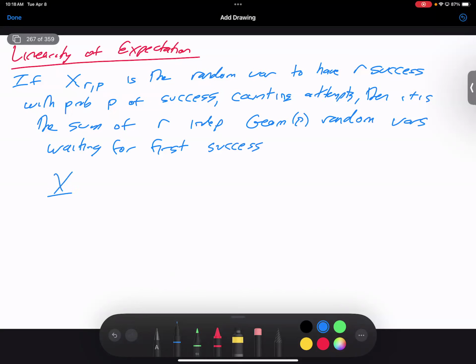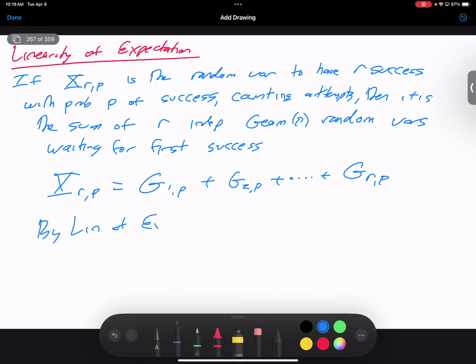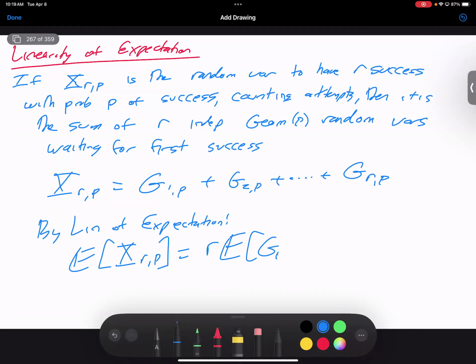So X_RP is geometric 1P plus geometric 2P plus geometric RP. We just have R independent copies. And so by linearity of expectation, what's the expected value of X_RP? It's just going to be R times the expected value of any of the G's, which we knew from before is 1 over P.